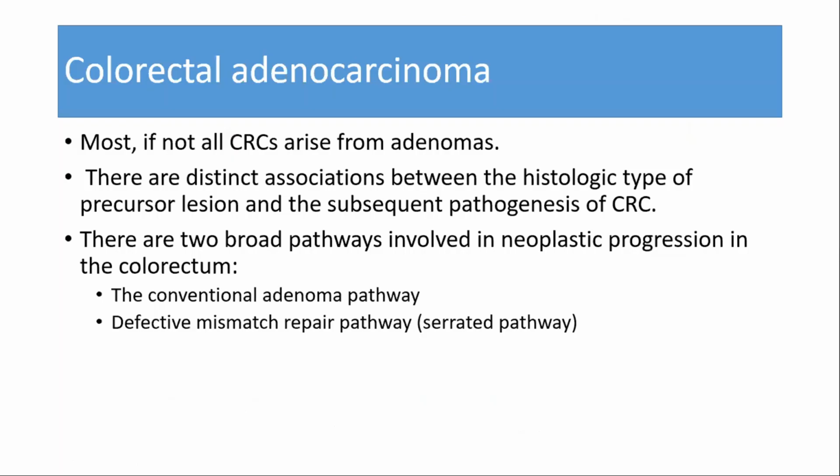Okay. All right. Lastly, colorectal adenocarcinoma. In terms of colorectal adenocarcinoma, there are a lot of things to discuss. I think the epidemiology and the risk factors for colorectal adenocarcinoma, you can go through on your own. So I'm just going to talk about the pathogenesis of colorectal adenocarcinoma.